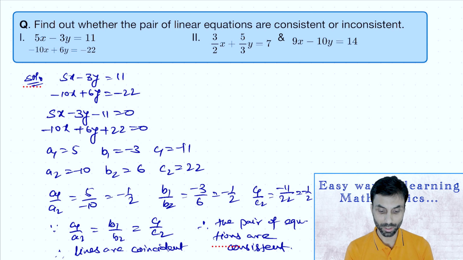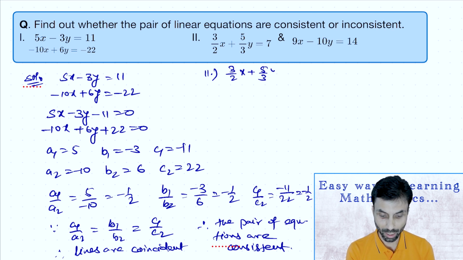Moving towards the second part of it, where we have the pair of equations 3 by 2x plus 5 by 3y equals 7 and 9x minus 10y equals 14. Let's write it down in the standard form. We'll get 3 by 2x plus 5 by 3y minus 7 equals 0, and 9x minus 10y minus 14 equals 0.